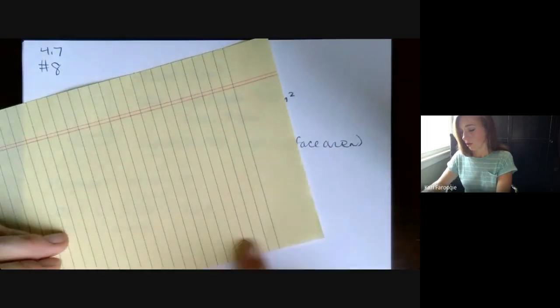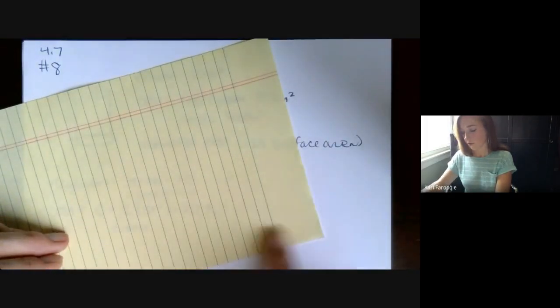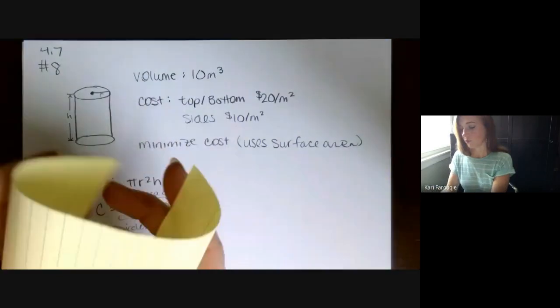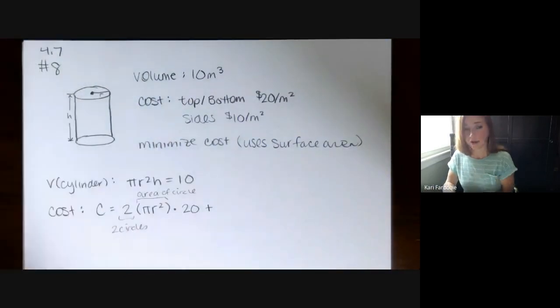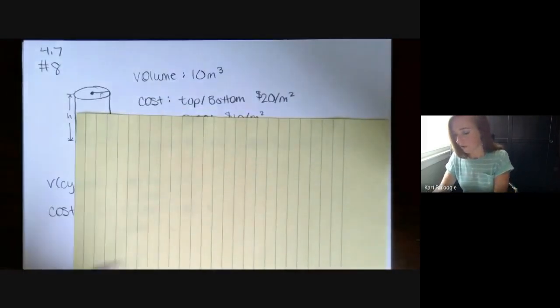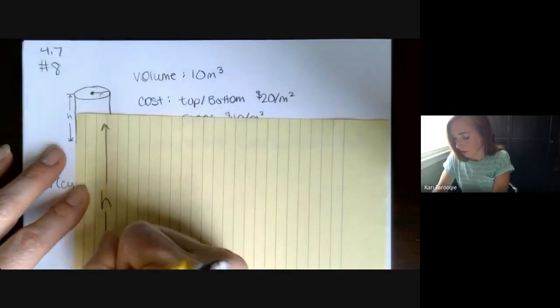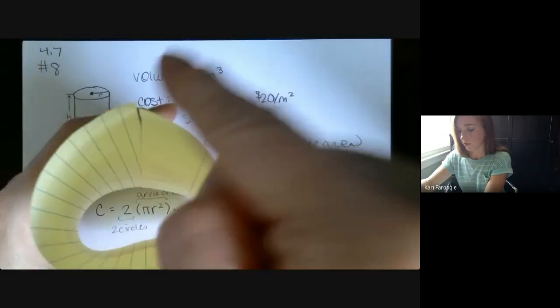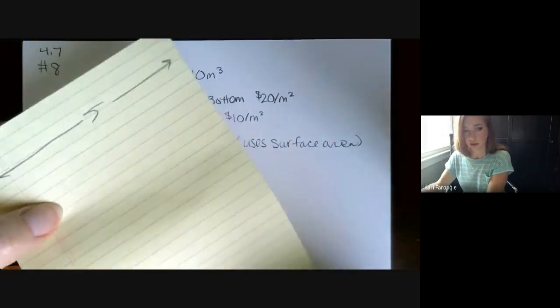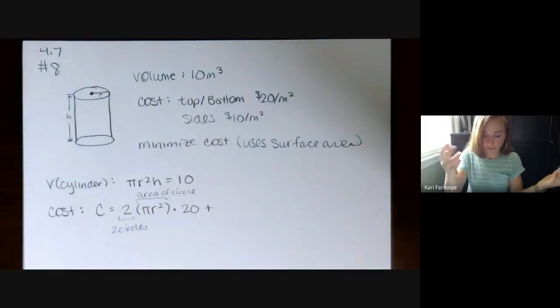But no matter what, the circumference of this will be just whatever the height of your paper is. So if I have this paper and it's h by pi, and then I fold it around, well, I have the circumference times h, and that's going to get me the surface area of the sides because it's really just that rectangle.